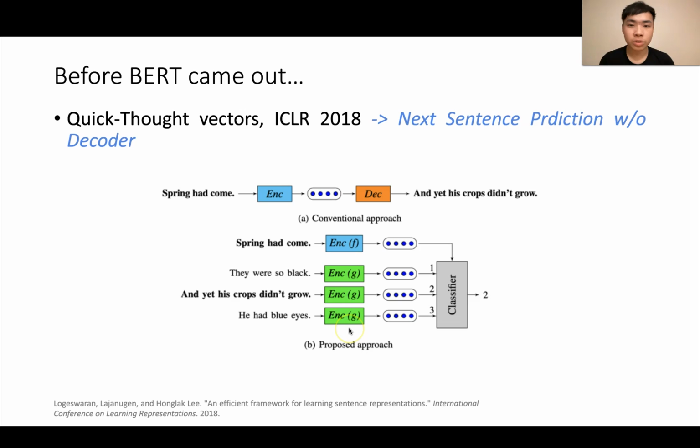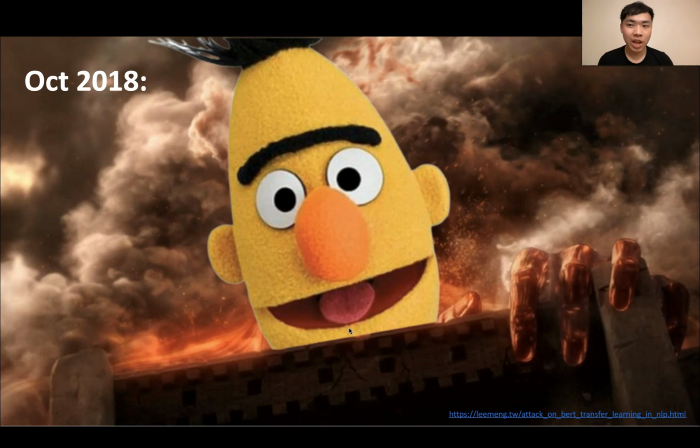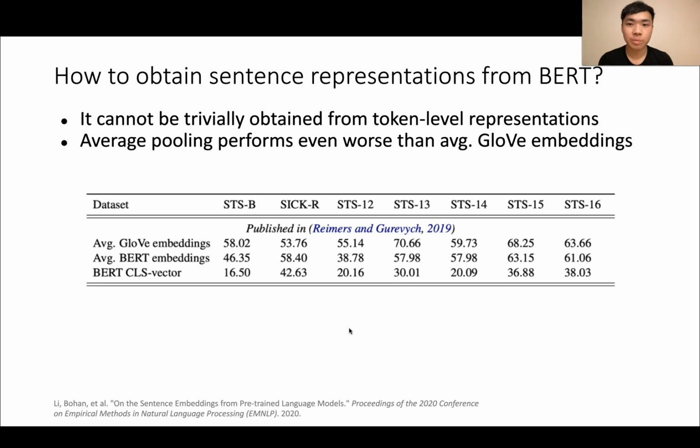So these two models, even without the help of BERT, can somehow achieve good performance for sentence embeddings. But in 2018, BERT came out and it changed the whole NLP community, and all the people started using BERT as their backbone for any downstream NLP task, including sentence embeddings.